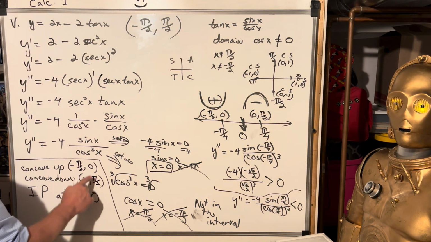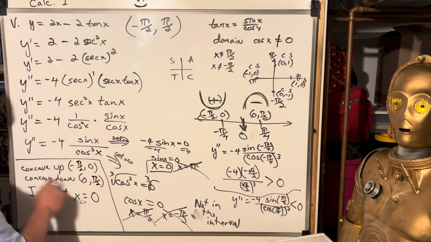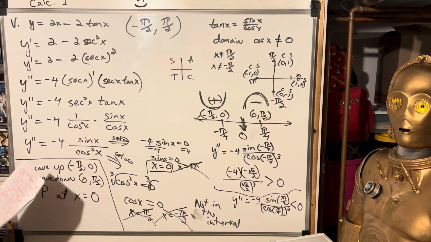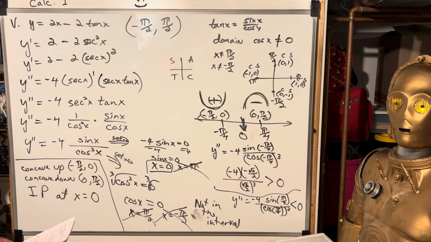So from negative 90 to 0, from 0 to 90, that's the concavity. But then at x equals 0, there's an inflection point. Okie dokie. I gotta add parentheses on my little note packet.